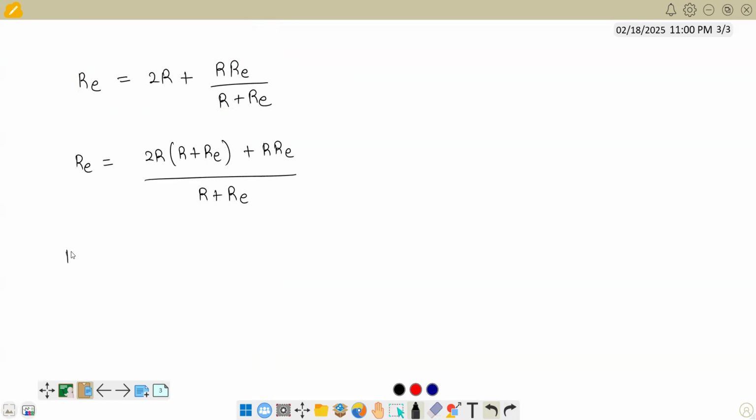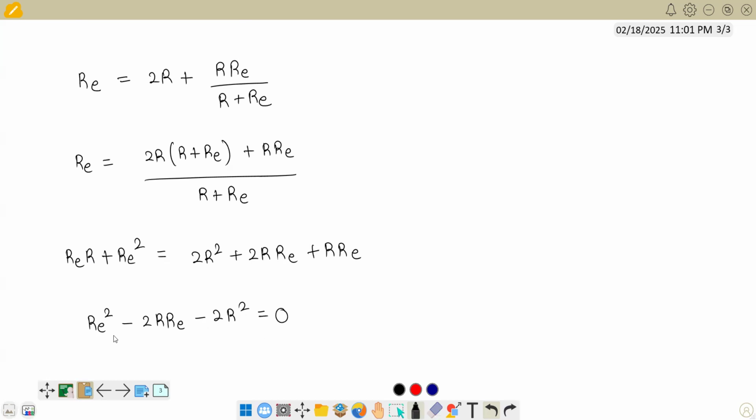If I take this term to the side, RE into R plus RE square equals 2R square plus 2R into RE plus R into RE. So bring all the terms, we need to find R effective. The R into RE terms cancel. So RE square minus 2R into RE minus 2R square equals 0.